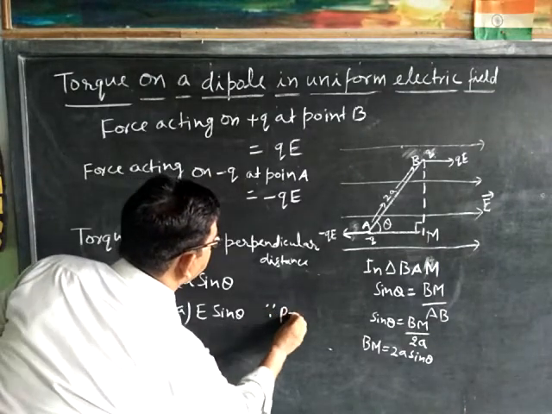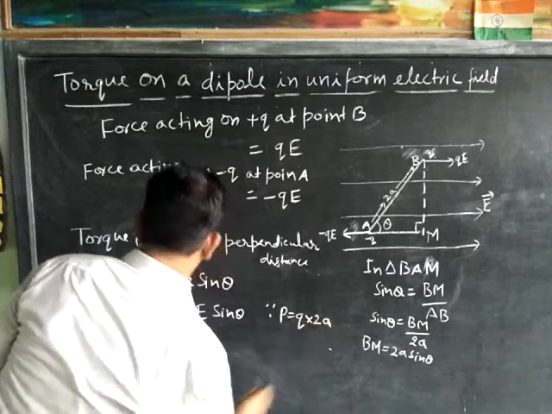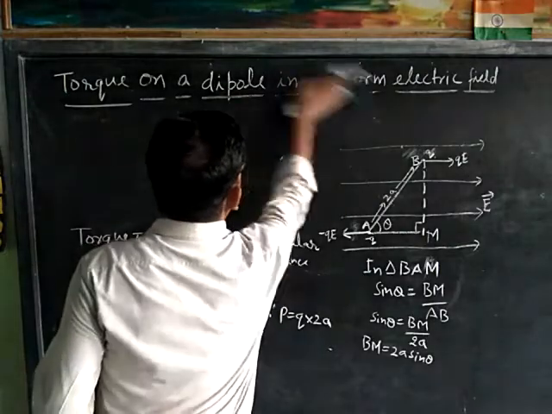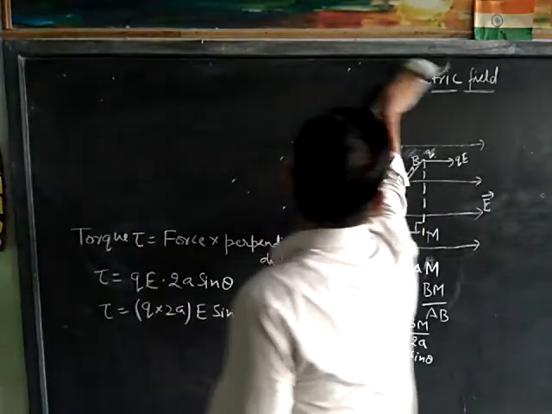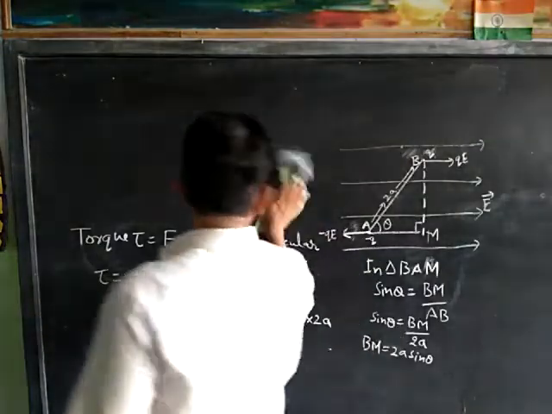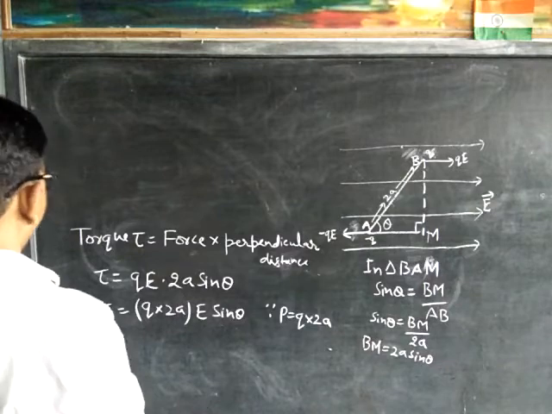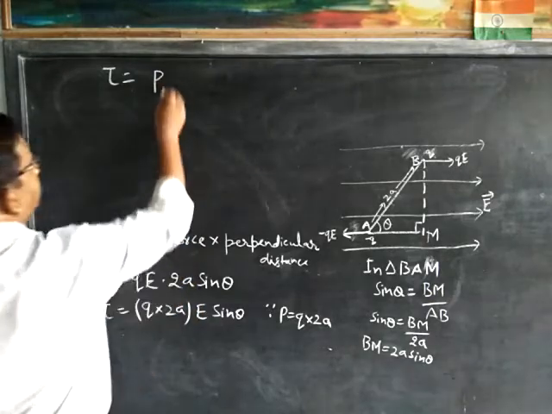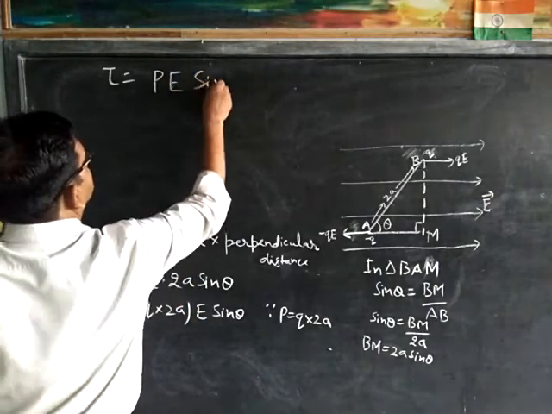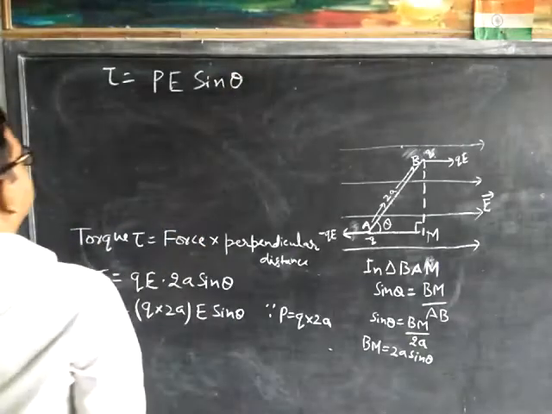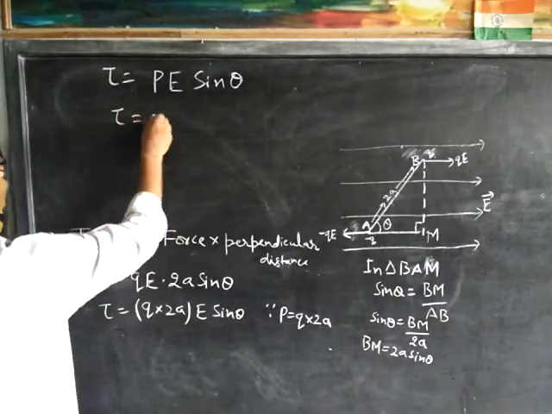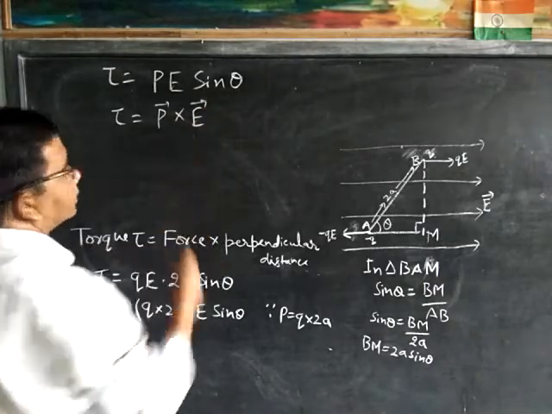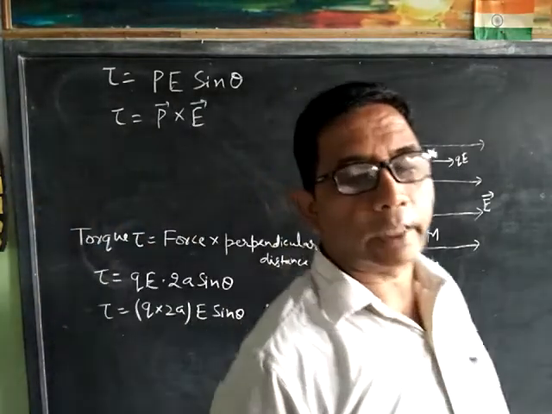Since P is equal to Q into 2A, therefore we can write tau is equal to PE sin theta. This can also be written as tau is equal to P cross E, because A cross B is equal to AB sin theta.